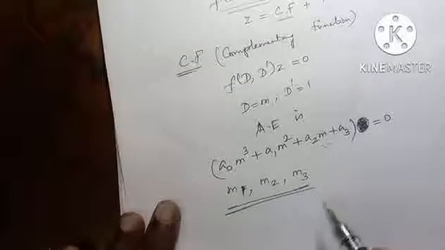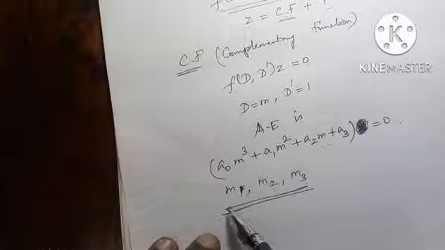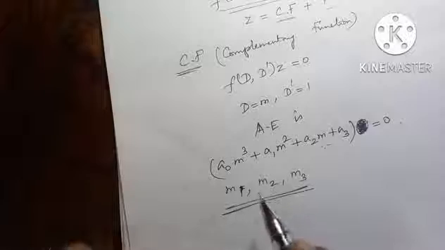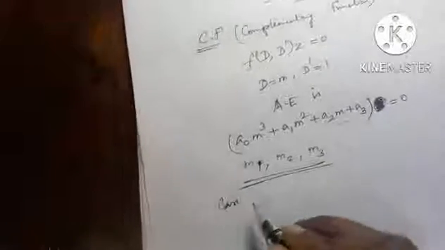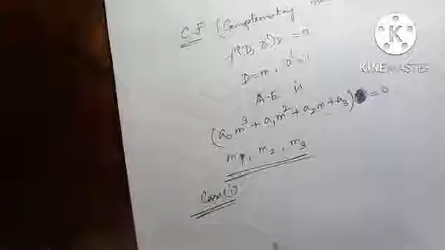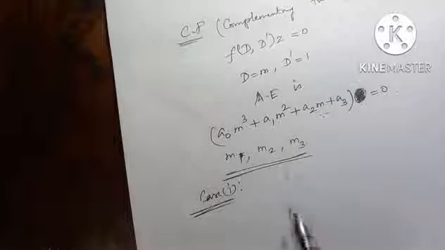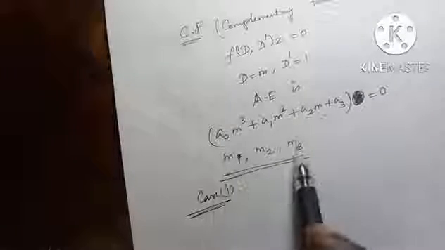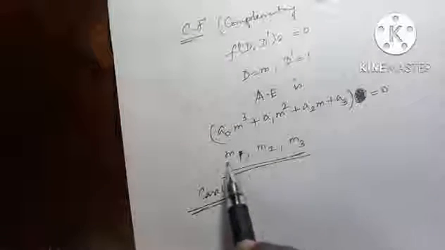So we do not know whether the roots are distinct or equal, right? So we have only 2 cases here. If the roots are distinct, what is the case? If the roots are equal, what is the case? So it may be 2 roots equal or maybe all the 3 roots equal, right? Let us assume now the roots are different.